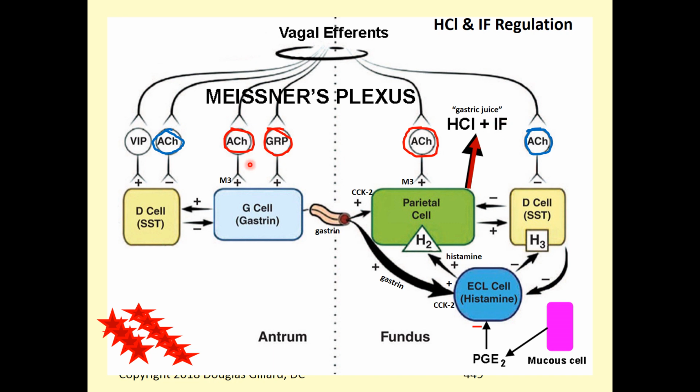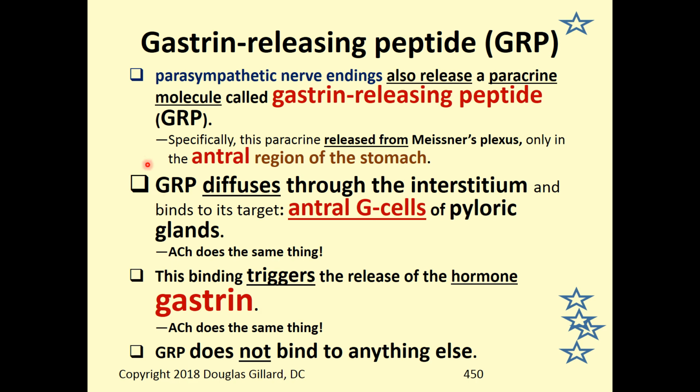We'll learn that some acetylcholine, when it binds like to D cells, it's inhibitory. That negative means inhibitory. So it shuts off D cells, stimulates G cells, stimulates parietal cells, inhibits this fundic D cell, inhibits this antral D cell.